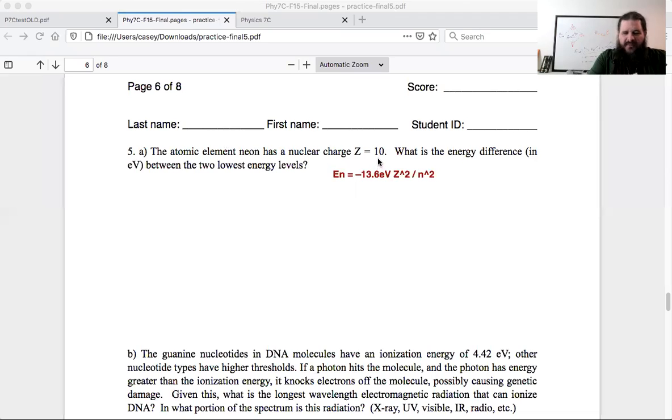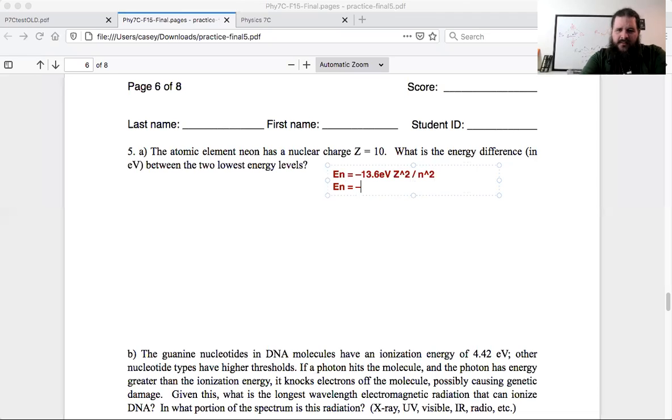So that's just the number of protons in the nucleus. And so we plug in 10 for Z, and then N is any positive whole number. And this will at least give us a pretty good approximation of the possible energy levels of that atom. Essentially, N being the energy level that the electron is at, assuming that for whatever reason, it only has one electron. So we plug in 10 for Z. That'll be 10 squared is 100.